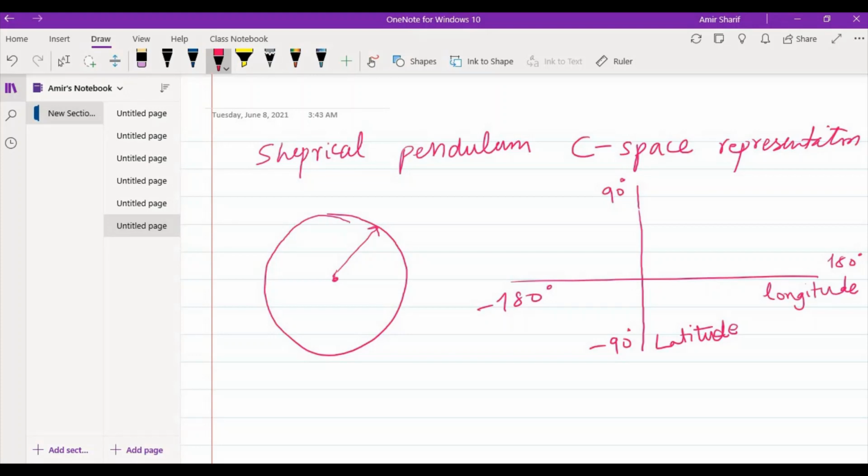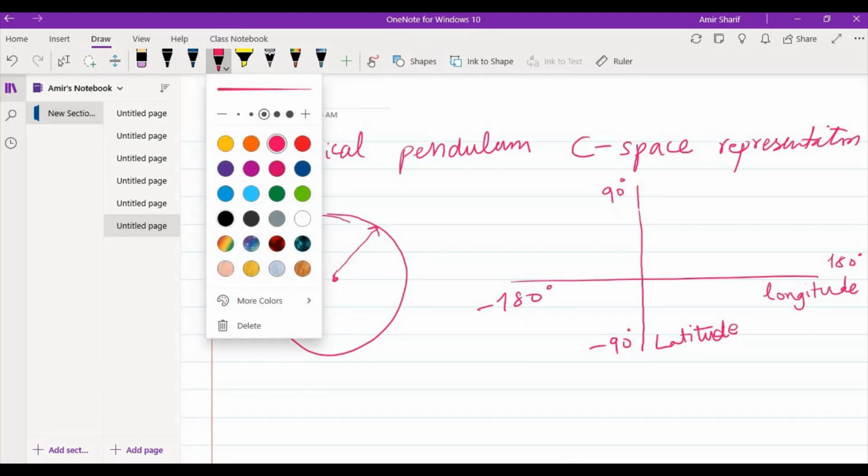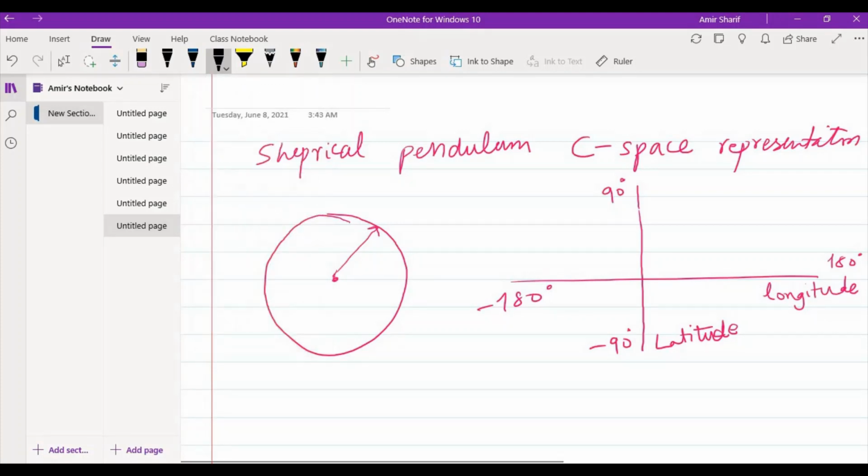So the C-space will be from minus 90 degrees to plus 90 degrees, and the same on the other side also.